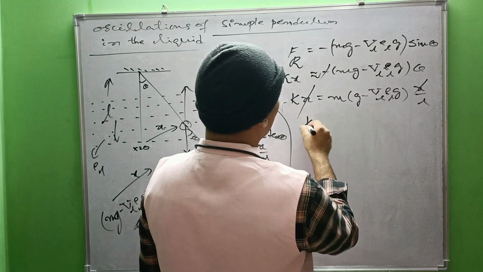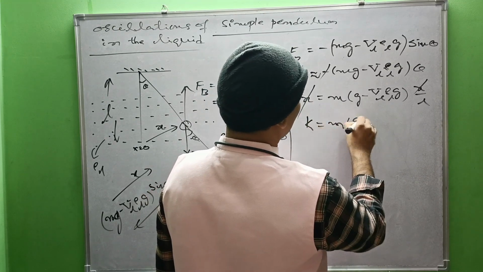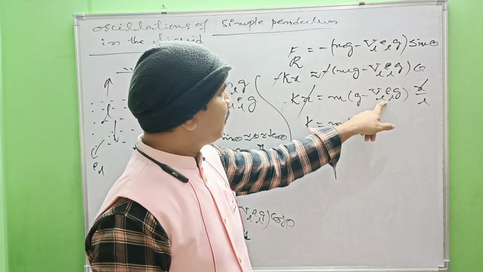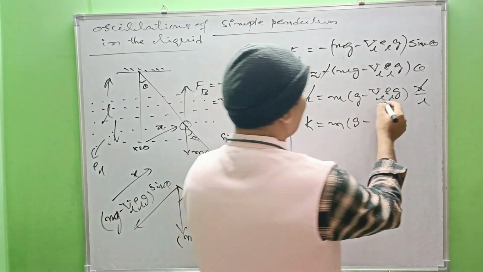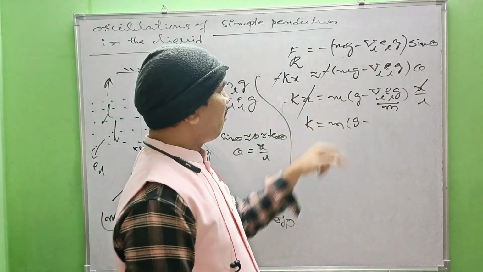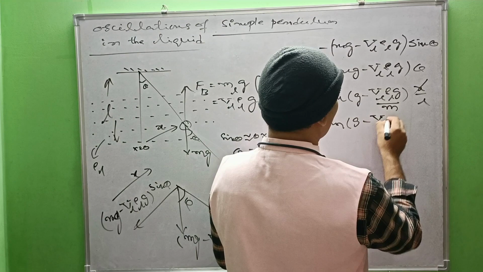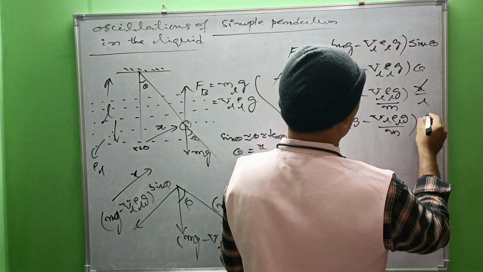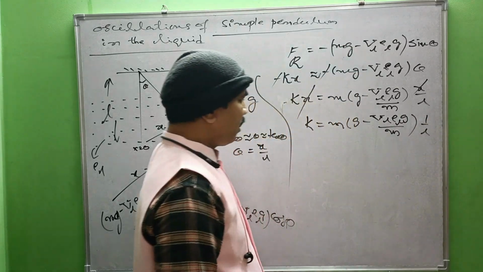We are left with k equal to m of g minus, when m is kept outside, VLρ_L g by m. So therefore k equal to m of g minus VLρ_L g by m whole into 1 by L. Right? Now what is k?